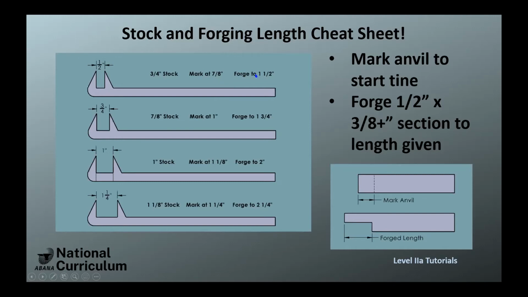And then we're going to forge the rectangular portion that's 3/8 by 1/2 inch out to 1.5 inches. And then additionally, we'll forge that to a point. So these are the square ends that we're going to do. So 1 3/4 for 3/4 inch, 2 inch for 1 inch, and 2 1/4 for 1 1/4 inch.